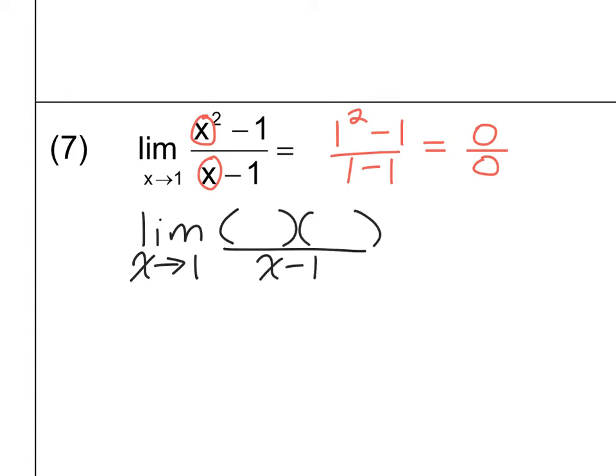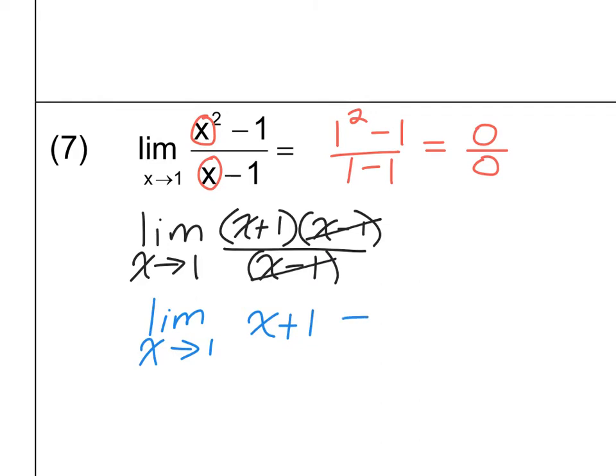The factors are what? Now we have that common factor of x minus 1. Kill it. That's the sound effect of cancellation. It's a nice solid meh.